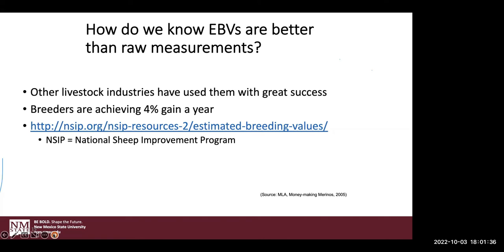The pedigrees, what animals are these out of, and how does that compare to the breed average and that kind of thing. So we know through previous work that breeders are achieving about a 4% gain overall in performance, which is over time going to be very significant.